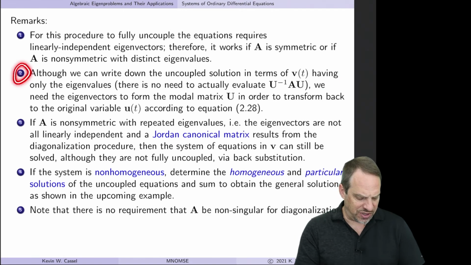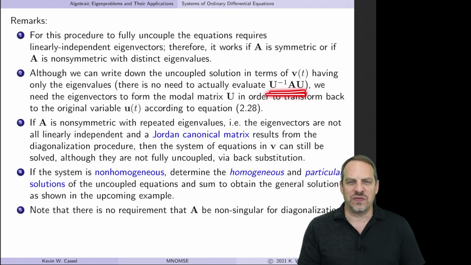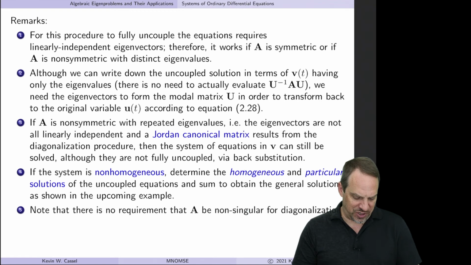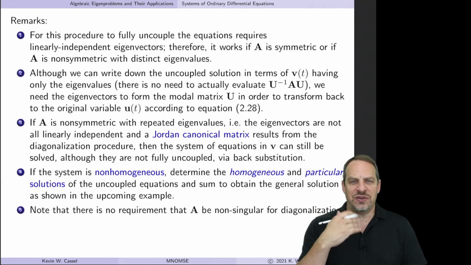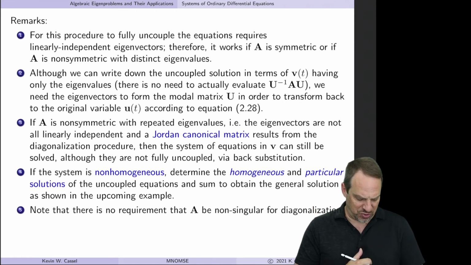The second point is that whereas we don't actually have to multiply out U inverse times A times U, we do actually need U. We do need the modal matrix because I need that to multiply times V to get back to U, to do that last step to convert it back to the original variable. So I do need the eigenvalues and the eigenvectors for those purposes.